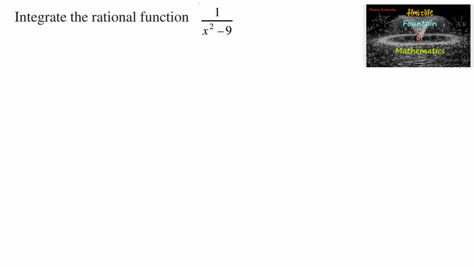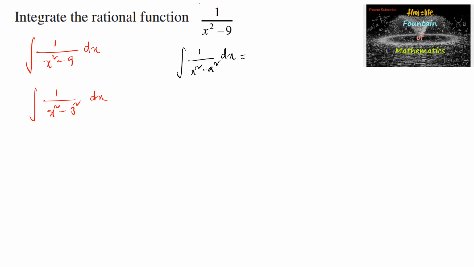Integrate the rational function 1 upon x square minus 9 dx, which is in the form of x square minus 3 square dx. We know that integral 1 upon x square minus a square dx is equal to 1 upon 2a log of (x minus a) upon (x plus a) plus c.